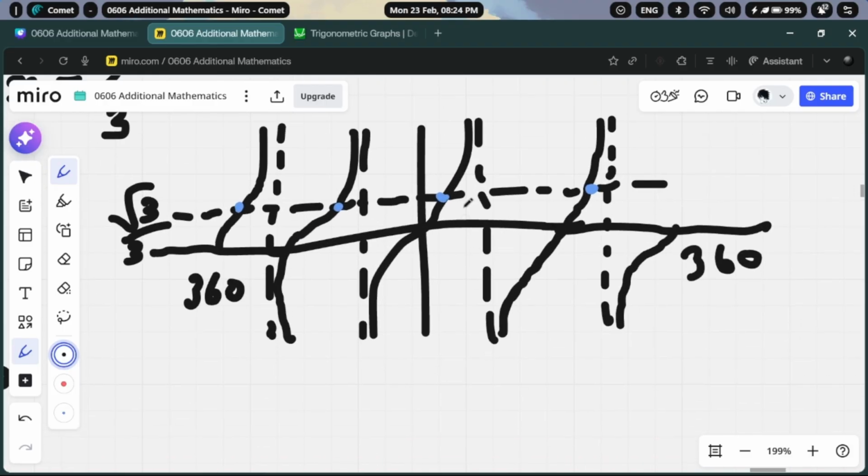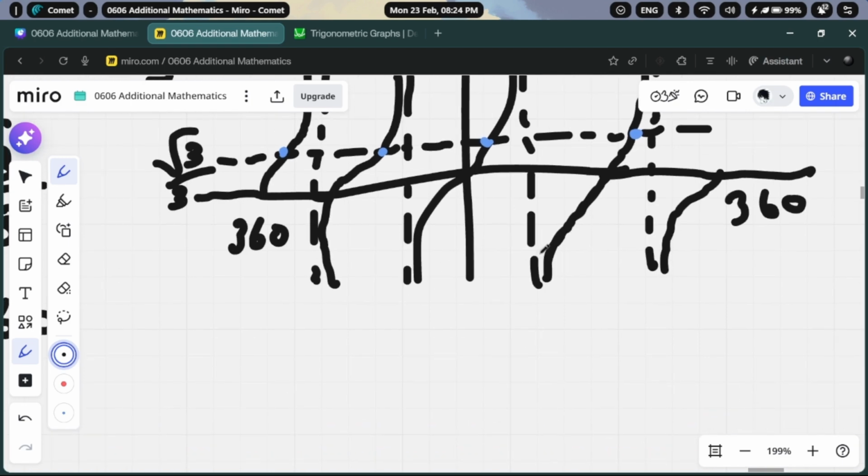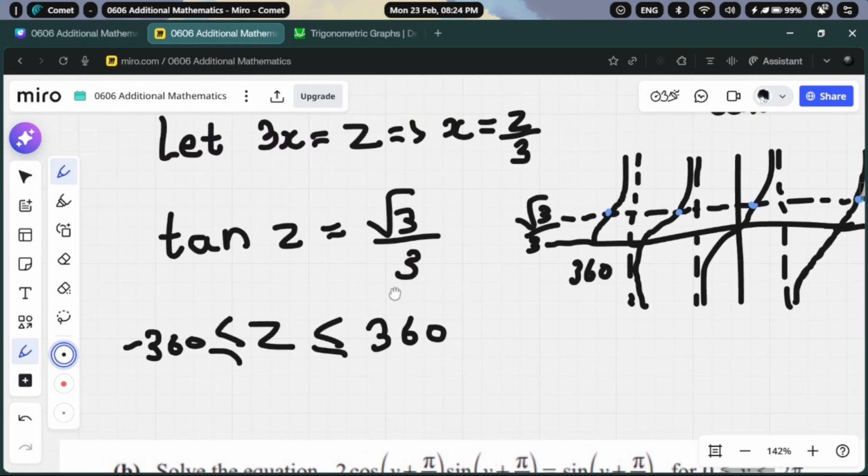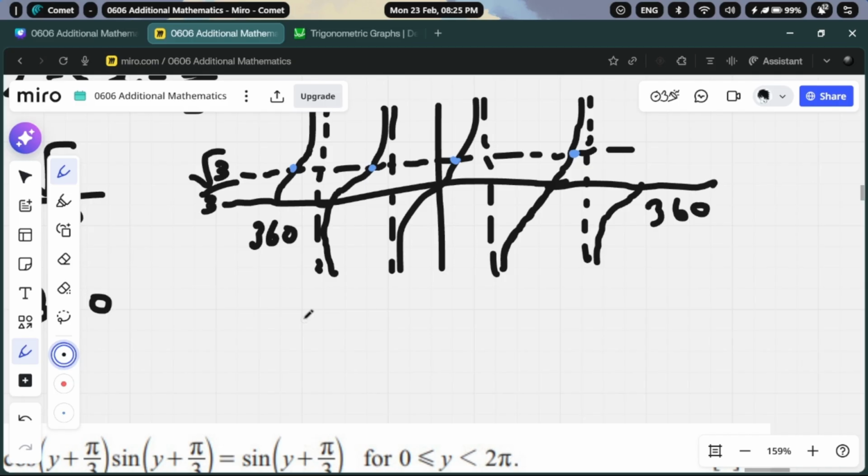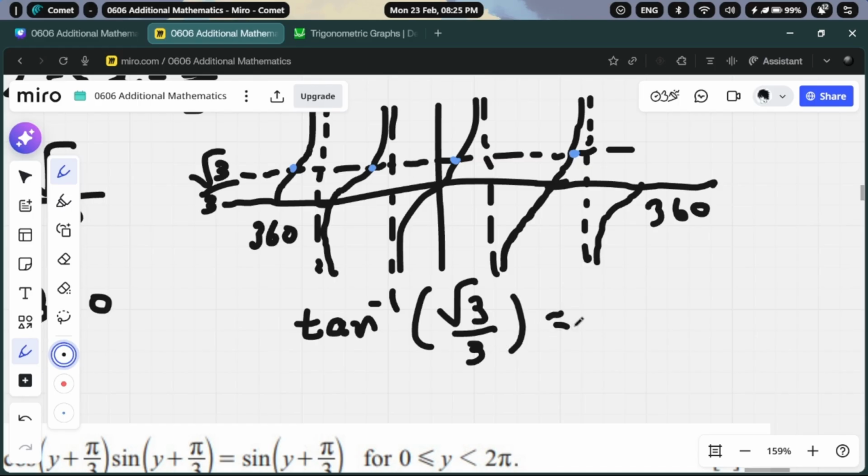Now you make use of the rule for adding 180 or subtracting 180. First of all, find out your base angle. So do tan inverse of root 3 by 3. That gives me 30 degrees.